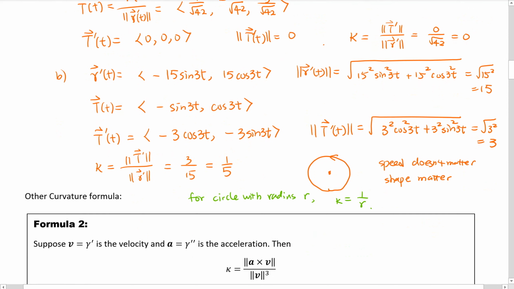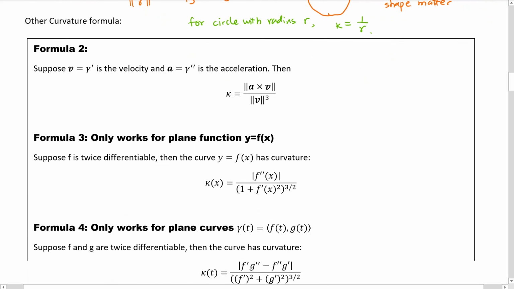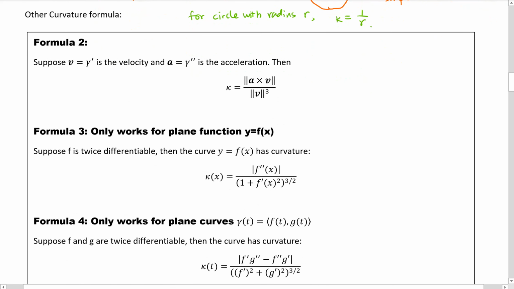All right. And actually, we have other curvature formulas. Formula 2: suppose velocity is gamma prime and acceleration is gamma prime prime, then the curvature equals the length of acceleration cross velocity over the speed cubed. And formula 3 only works for plane functions.